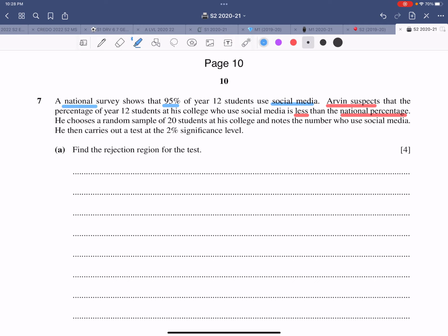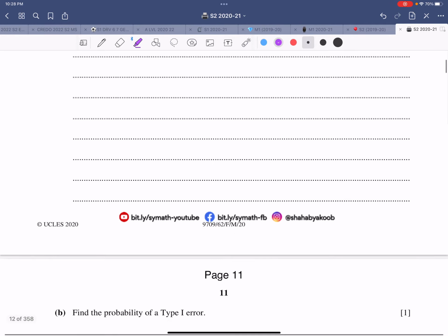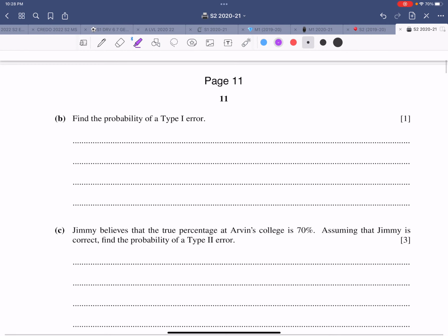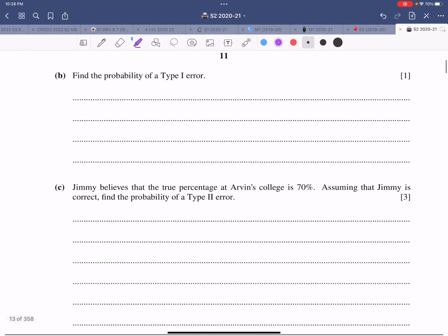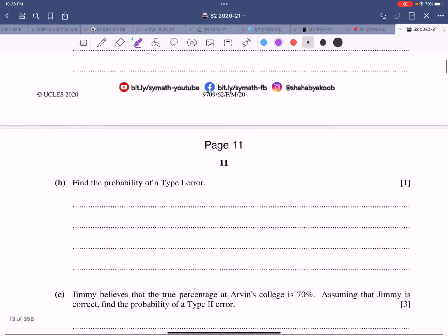He chooses a random sample of 20 students, and notes the number who use social media. He then carries out a test at the 2% significance level. Find the rejection region of the test. Then it says, find the probability of type 1 error. And Jimmy believes, and this is type 2, and so on.